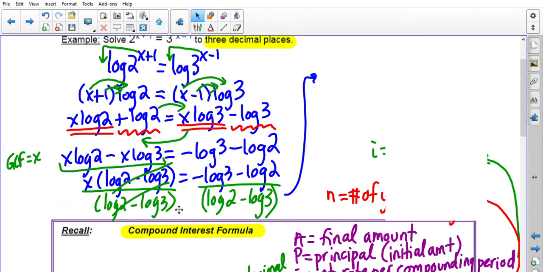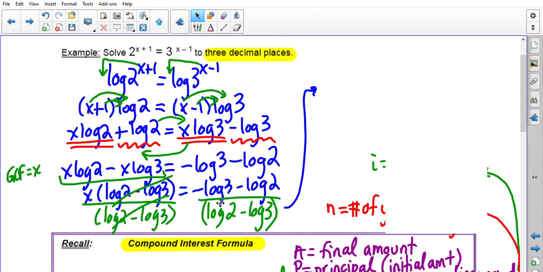In your calculator, you're writing negative log 3 minus log 2 divided by log 2 minus log 3. So make sure you keep brackets. Depending on the calculator, the brackets will be very important. And you should get a final answer of, again, everyone practicing on their calculator, a rounded value of 4.419.